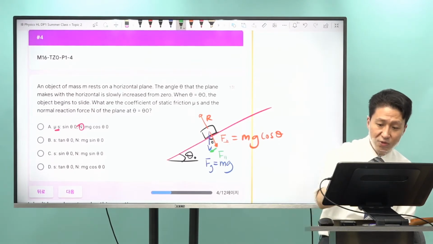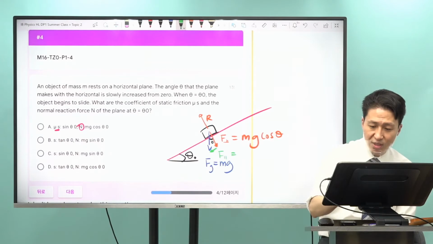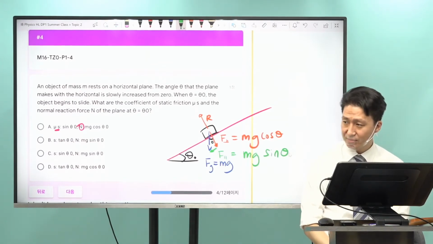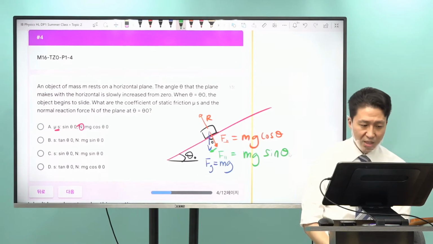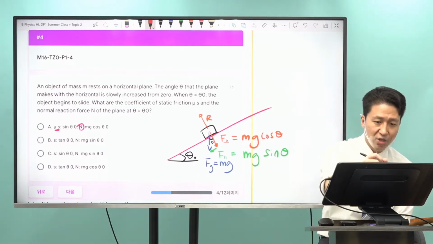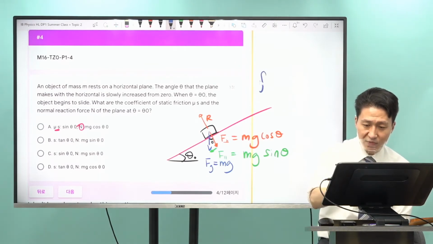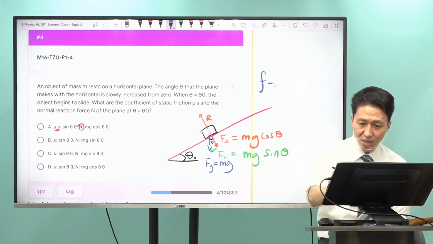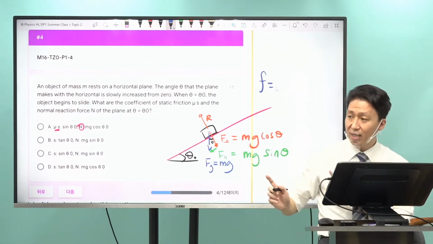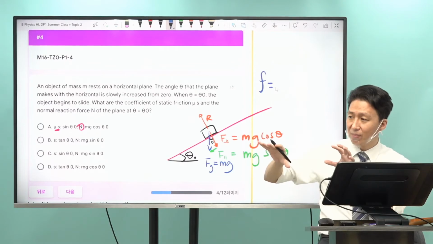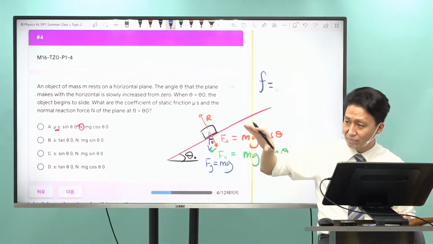The parallel force is going to be mg sine theta, right? We want to know the force of friction. Well, it says that at this angle it just barely starts to move, right?